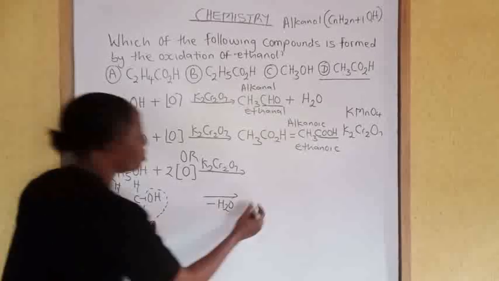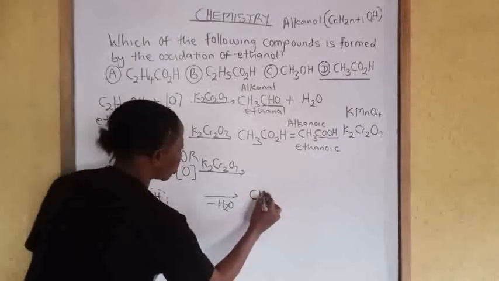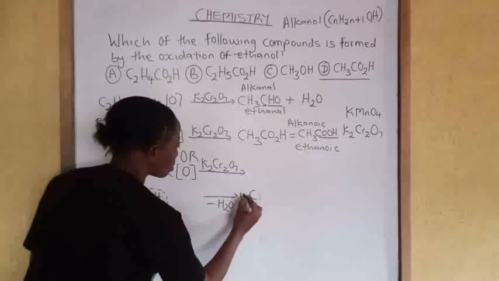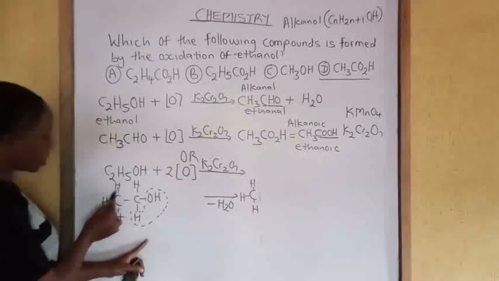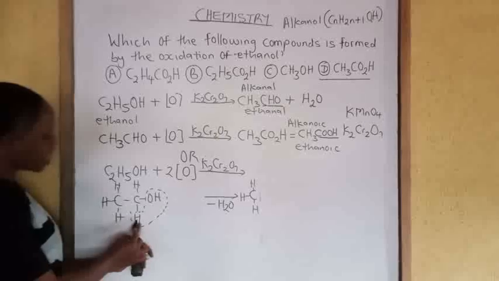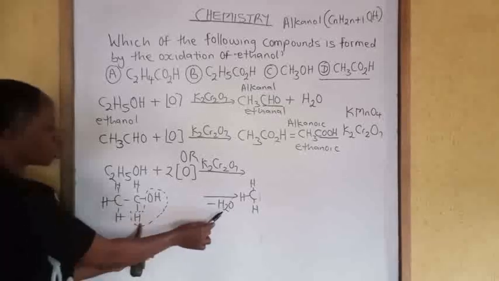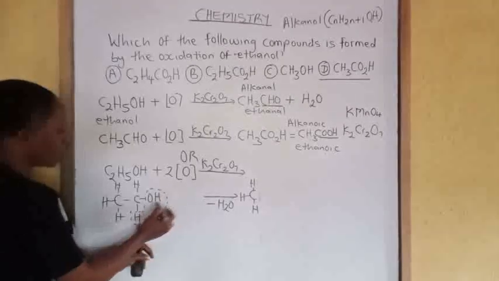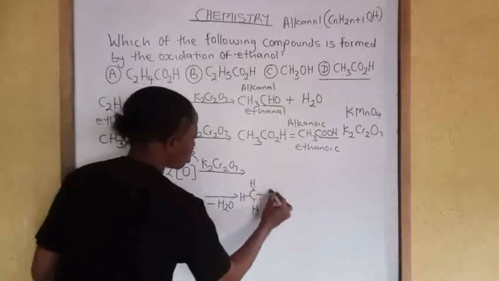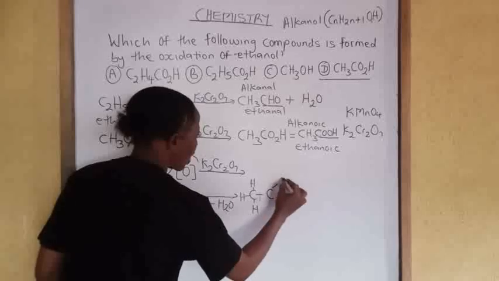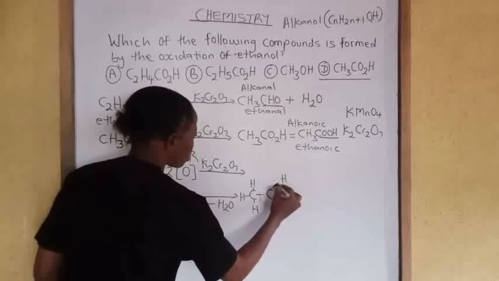So this structure will remain CH3. We have eliminated the hydrogen and hydroxy group to give us this water molecule. Then it remains a carbon atom and 1 hydrogen at this side.